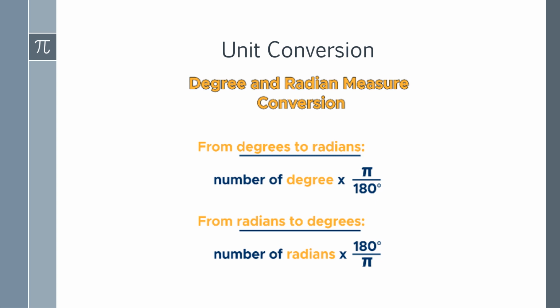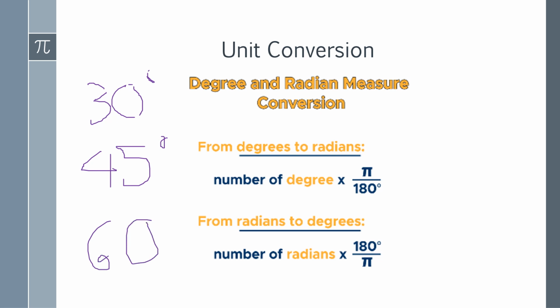So here, let's convert degrees into radians. So far, we have been dealing with 3 important degrees: 30 degrees, 45 degrees, and 60 degrees.